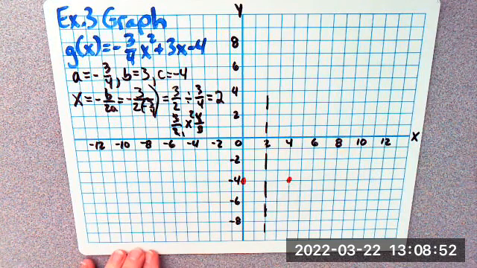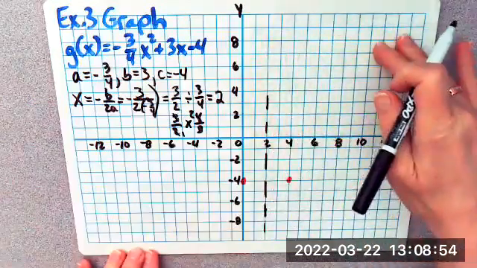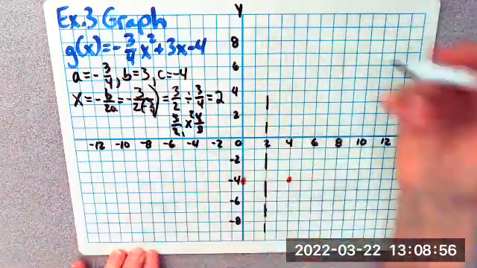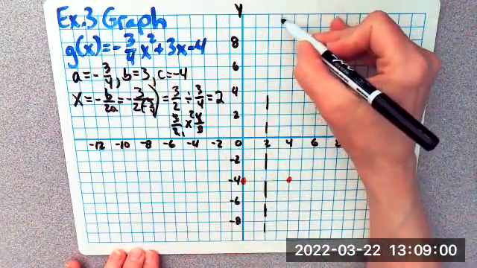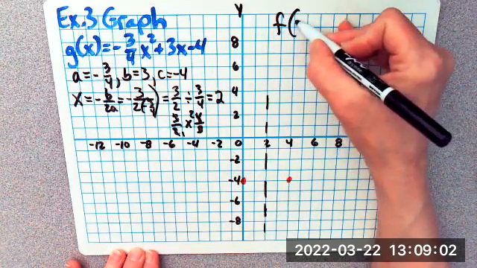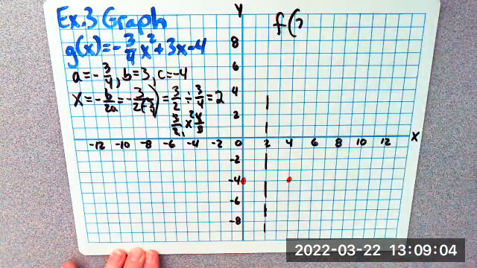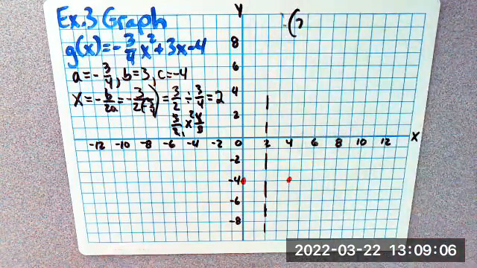So now let's plug in another point. Let's use this area since we know it's going down. We don't know exactly how high up it is. This is g of x, so we want to use g.